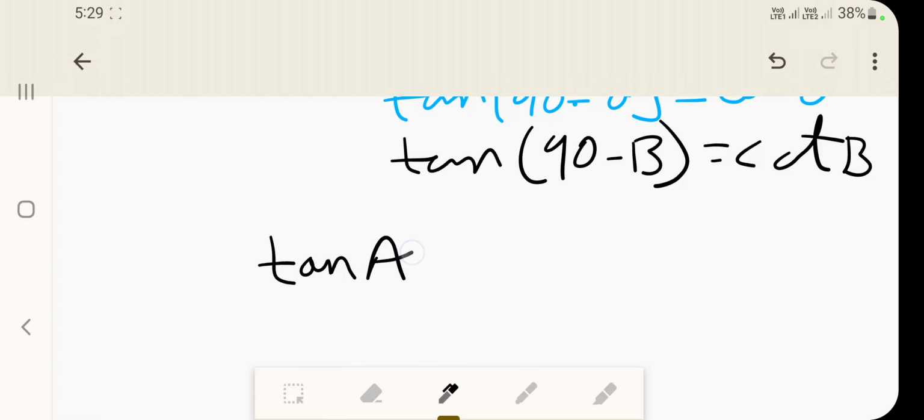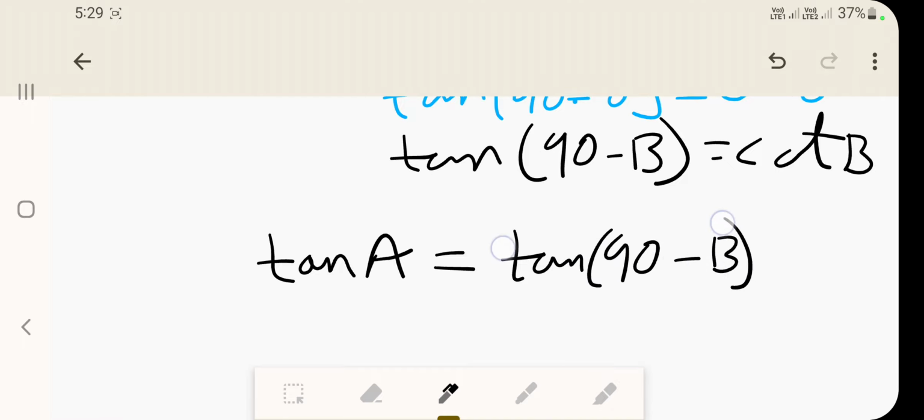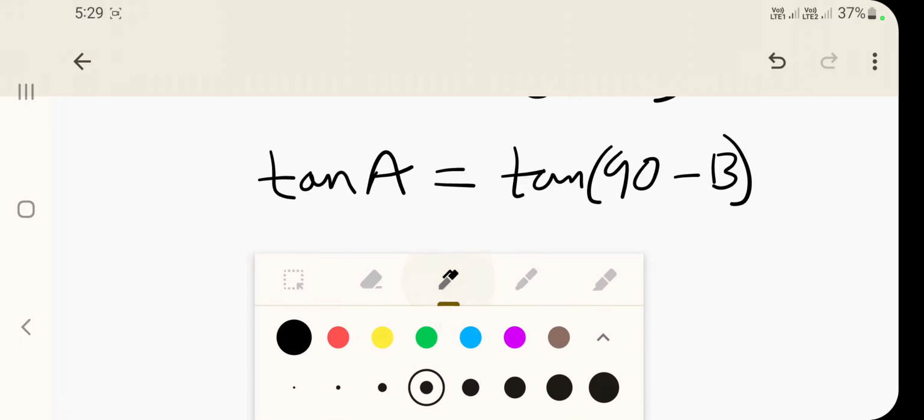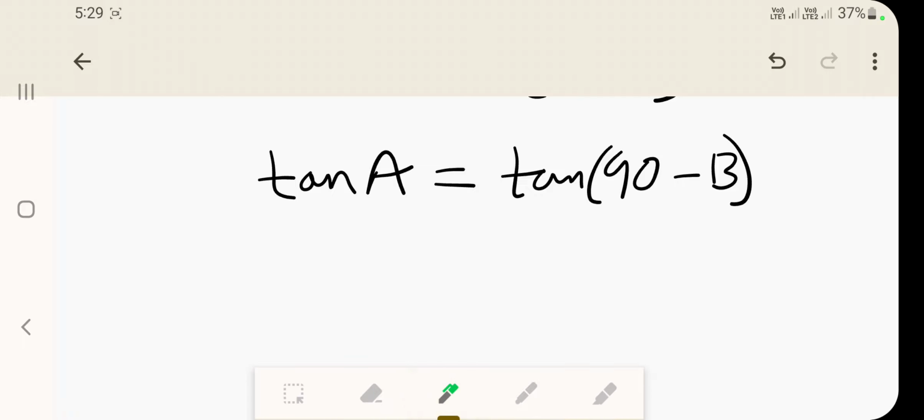So tan A is equal to tan 90 minus B, and here both on the left hand side and right hand side we have tan, and we have the angles A and 90 minus B in the parentheses. So we can equate this.